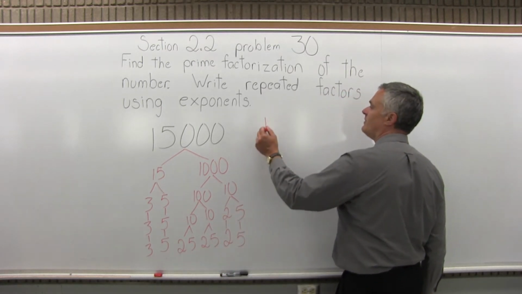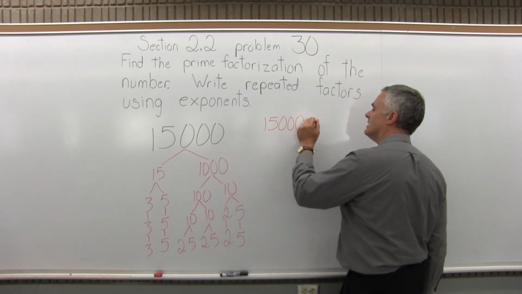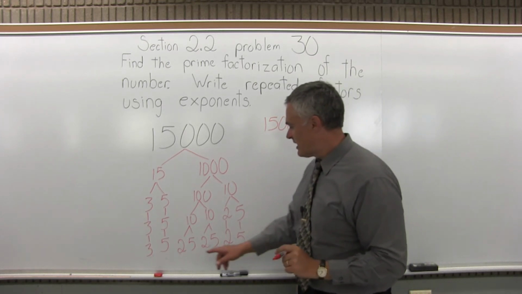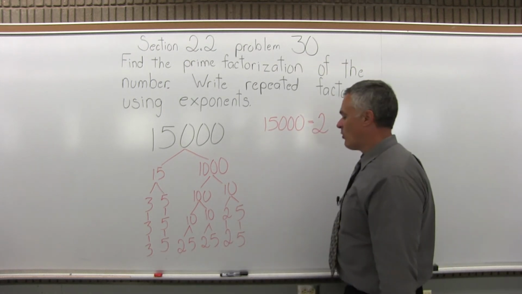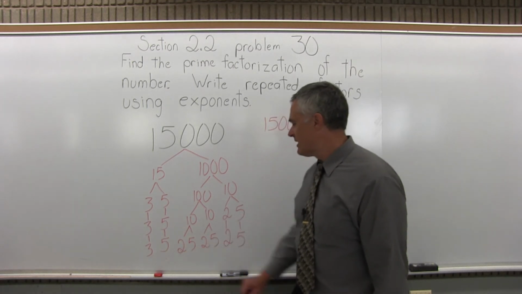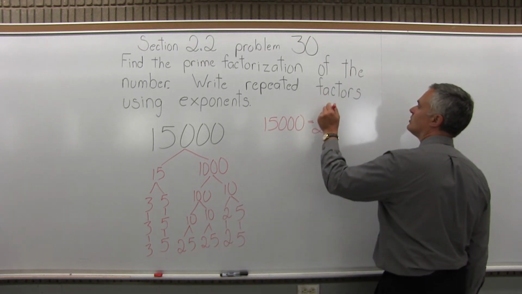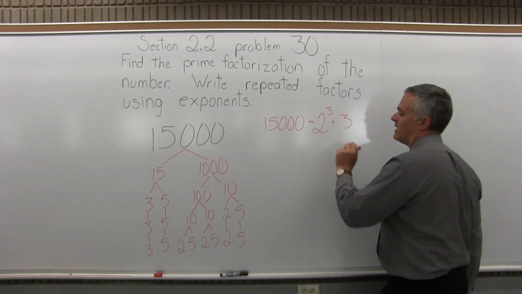So the prime factorization, I have 15,000 equals, so I have some 2s, so I will say 2. What exponent? 1, 2, 3. I have 3 2s, so 2 to the 3rd power times 3. How many 3s?